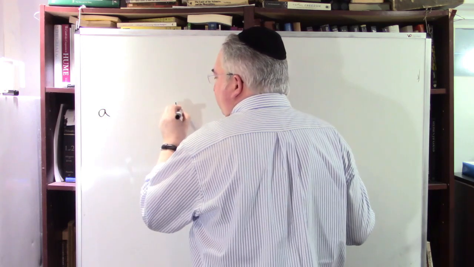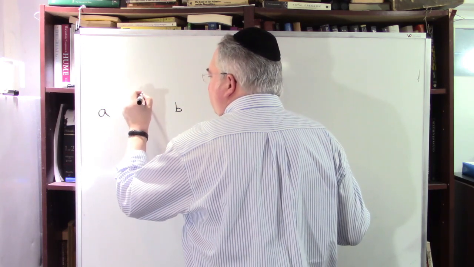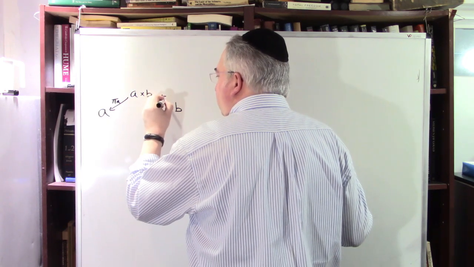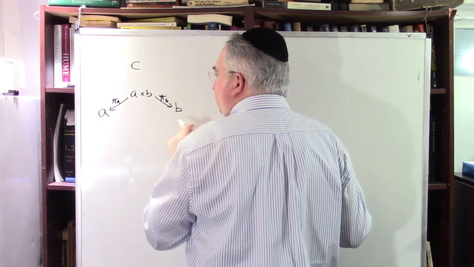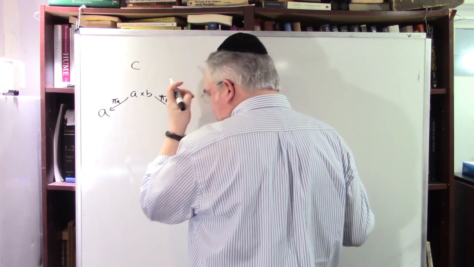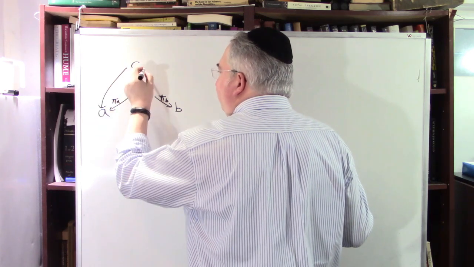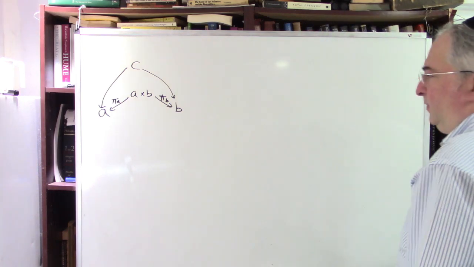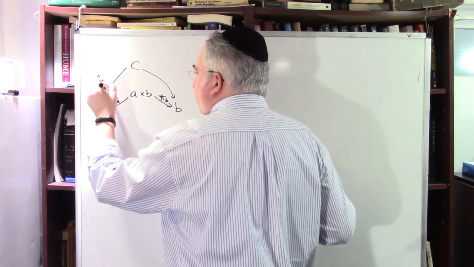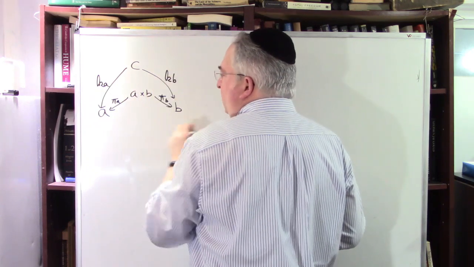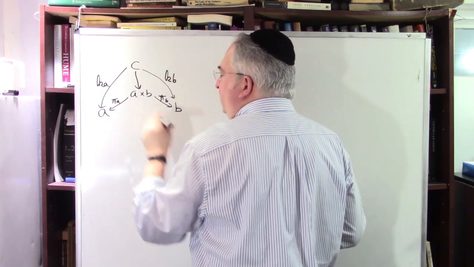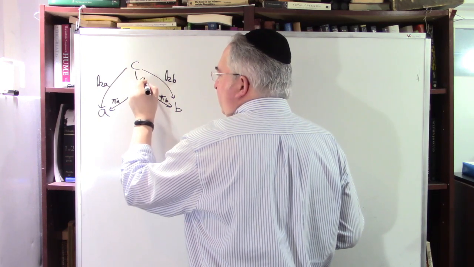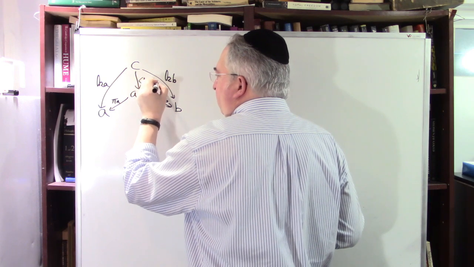You have A, you have B, you have A cross B, you have projection A, projection B. You have C, and you have KA and KB, and this map is the pairing, in arrow brackets, KA comma KB.